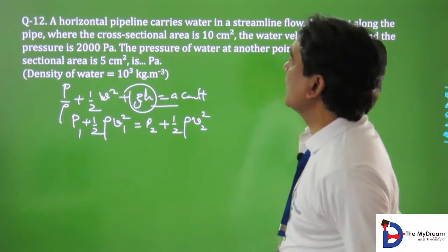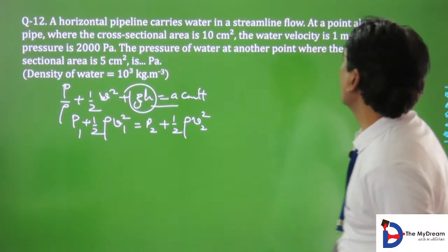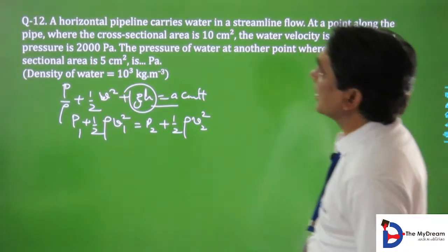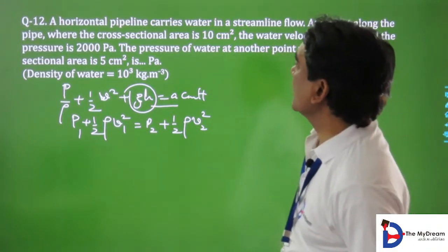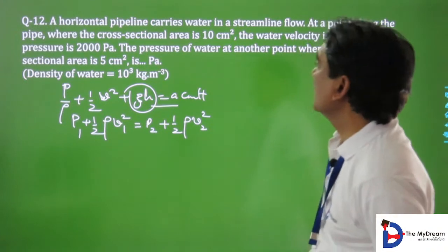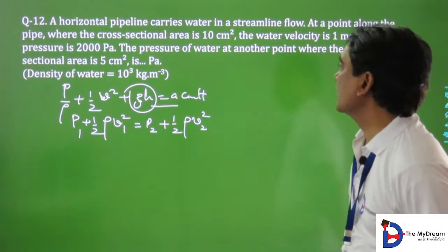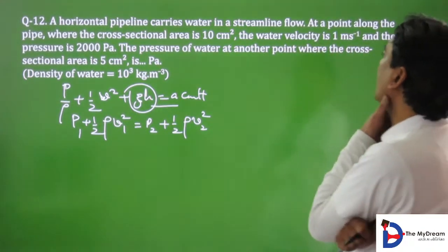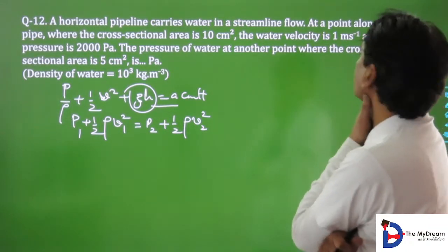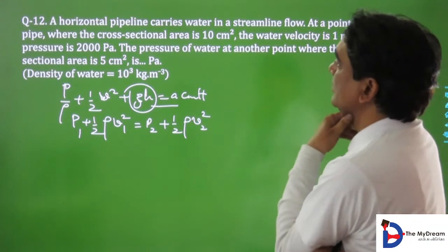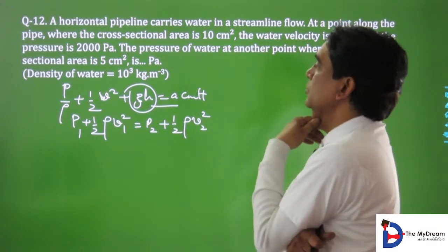The horizontal pipeline carries water in a streamline flow. At a point along the pipe the cross-sectional area is 10 cm square, the water velocity is 1 meter per second and the pressure is 2000.